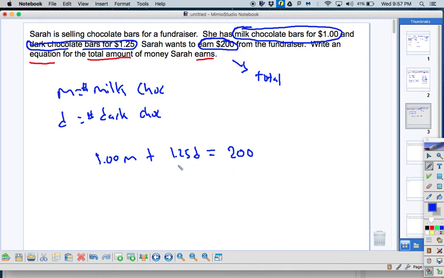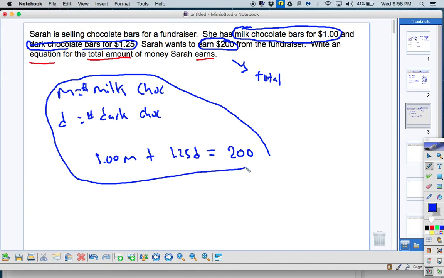If you want to put it here, it should also be here and here, or you can leave it off. So our equation that we want for the total amount of money earned is going to be $1 times M plus $1.25 times D is equal to 200, where M is talking about the number of milk chocolate bars and D is talking about the number of dark chocolate bars. Now, to be a correct answer, all of this information needs to be present, so please do not forget that.